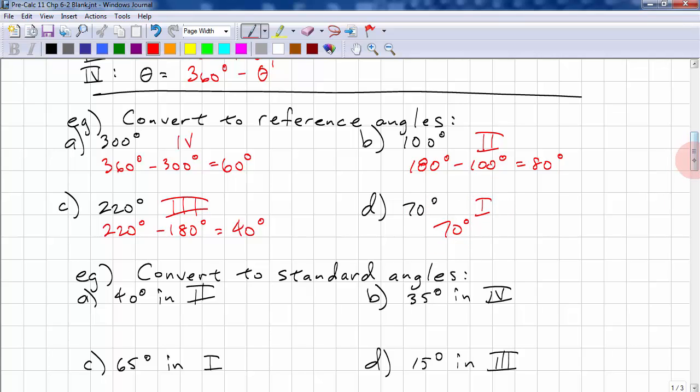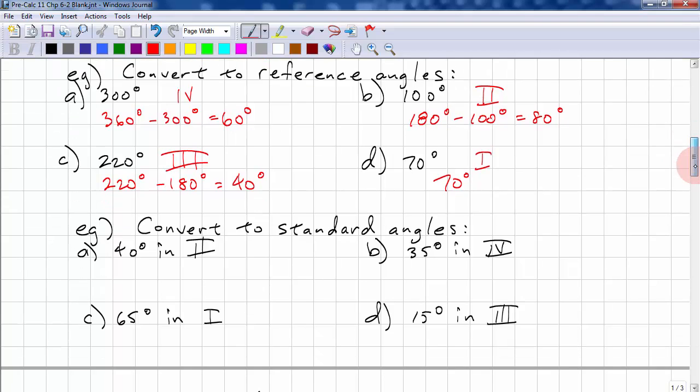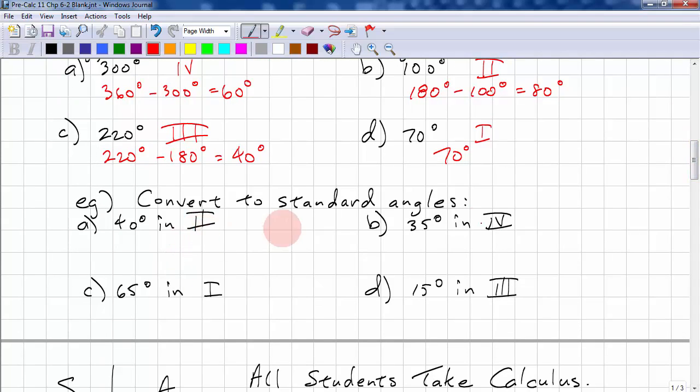Let's look at converting back to standard angles. And we have to know what quadrant it's in, otherwise there's no way to pick a formula. So quadrant 2 is 180 degrees minus 40 degrees, and we have 140 degrees in the standard angle. 35 degrees in quadrant 4, that's 360 degrees minus 35 degrees, and that's 325 degrees.